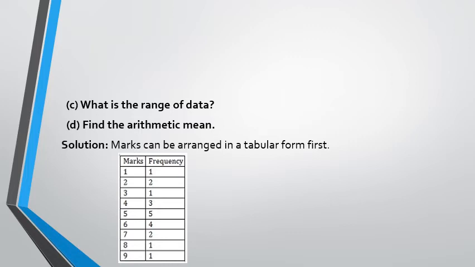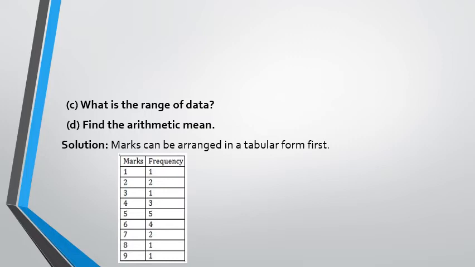There were 4 students who scored 6 marks. And there were 2 students who scored 7 marks. 1 student scored 8 marks and only 1 student scored 9 marks. So if you add the total frequency, you will see that it turns out to be 20, which is the number of students.